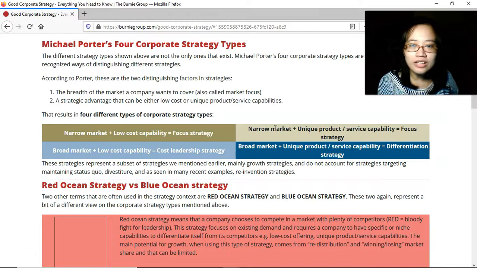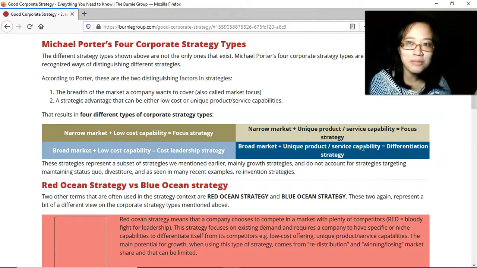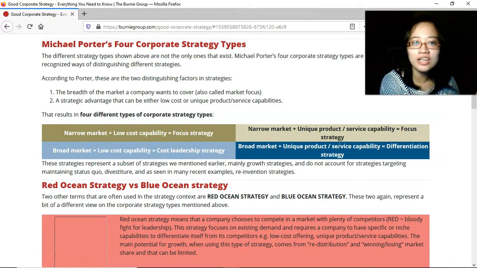Okay? The third one, you have your narrow market, specific audience, and then you have unique product or service capability. Ito, focus strategy din siya. Okay? Mapapansin nyo kapag narrow market, yung tina-target. So, focus strategy siya kasi, yun nga, nakafocus ka dun sa particular customer base na yan. Okay?